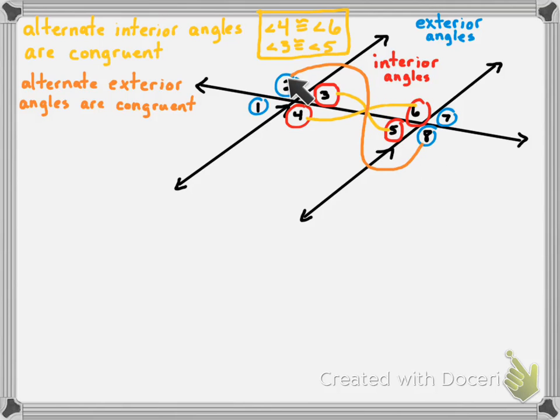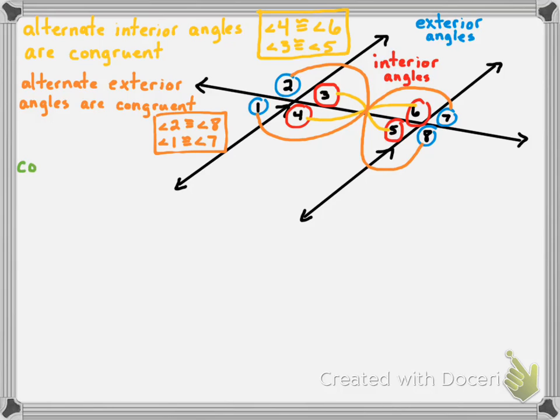So angle 2 and angle 8 are alternate exterior angles, so angle 2 and angle 8 are congruent. And angle 1 and across to the other exterior, angle 7. Those are alternate exterior angles. So angle 1 is congruent to angle 7.